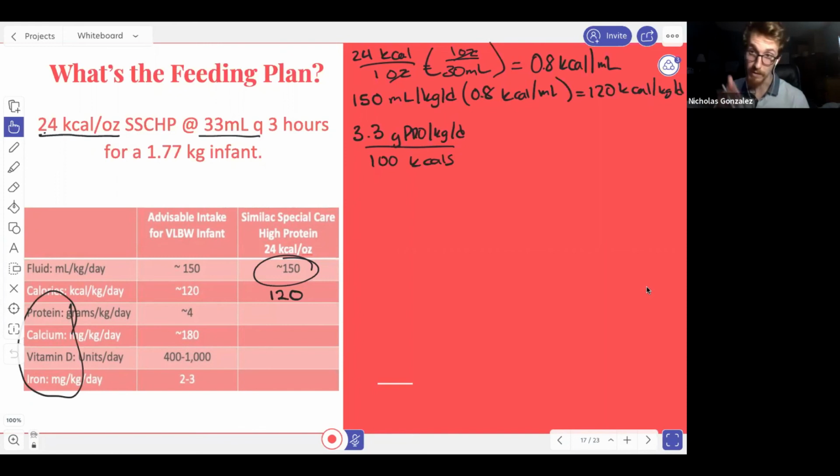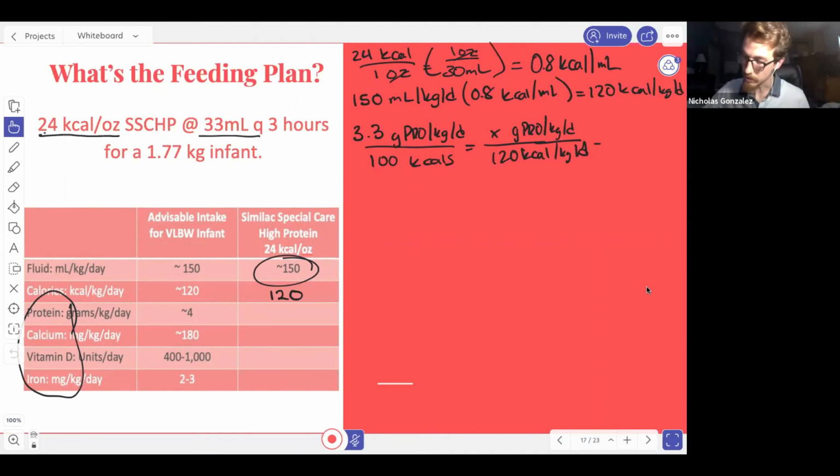We look up this specific formula and it tells us per 100 kcals how many of these nutrients are within the formula. So for protein at 100 kcals, we have 3.3 grams. We're going to equate this to find the grams of protein per kilogram per day, over the kcals that we just found to be 120. Okay, so we're going to cross multiply.